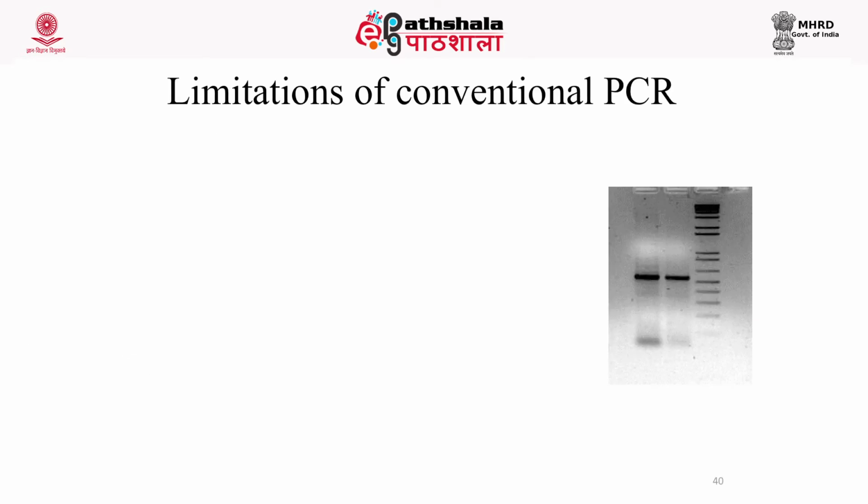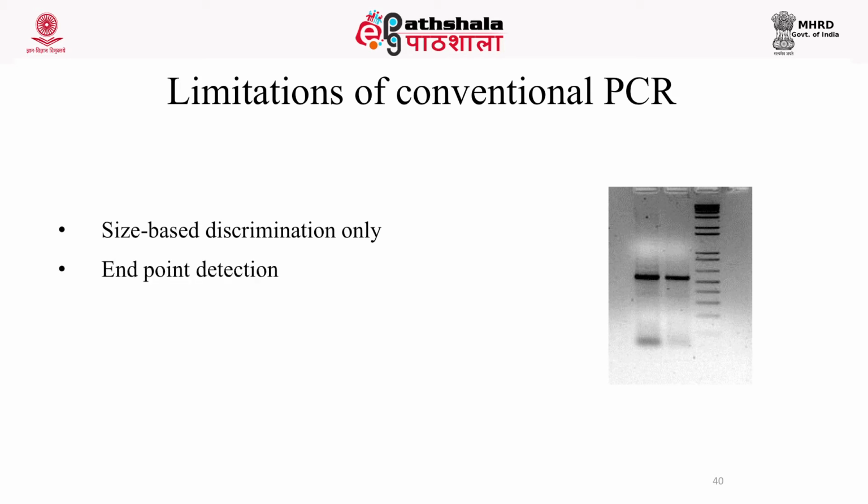The other limitations of conventional PCR include size-based discrimination only, which can be seen by doing a gel electrophoresis after the PCR run is complete. Also, it is an end-point detection assay. We cannot know the amplification during each cycle of the PCR reaction.